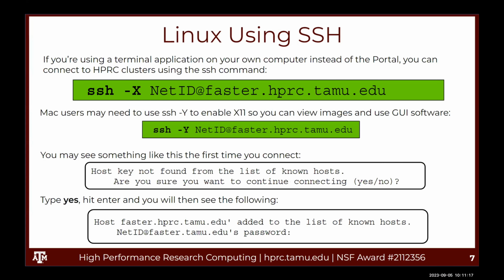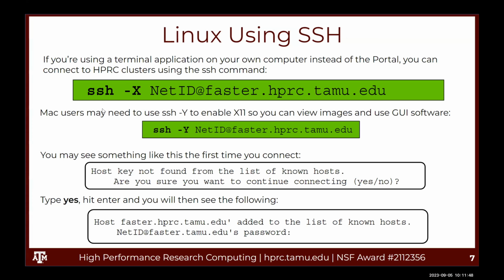This is something I've already shown you. The next thing is you can also use SSH to log into our clusters. Let's say you're on a Linux terminal, then you can directly access your terminal and type in this command: SSH. SSH is basically a secure shell command. It's a network protocol that can help you securely connect to a remote machine.